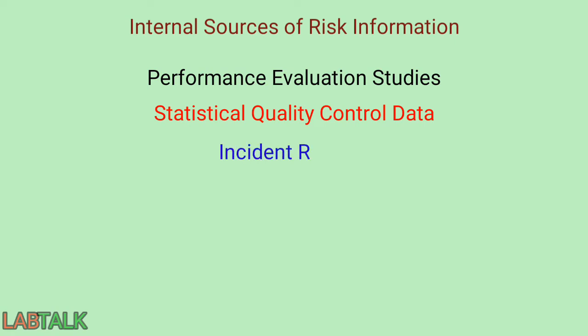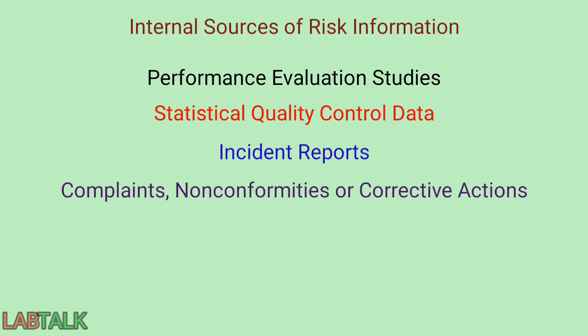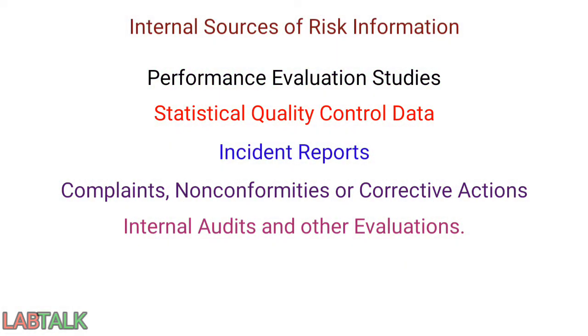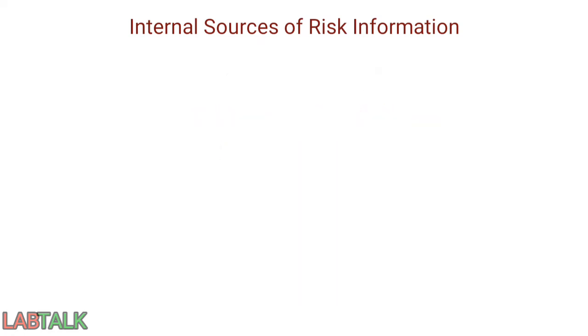Third is the incident reports. Fourth is the complaints and non-conformities or corrective actions. And fifth is the internal audits and other evaluations. So basically these are the internal sources from where the data can be generated for any risk or any hazardous situations. These internal sources of information must be looked at for the source of risk.